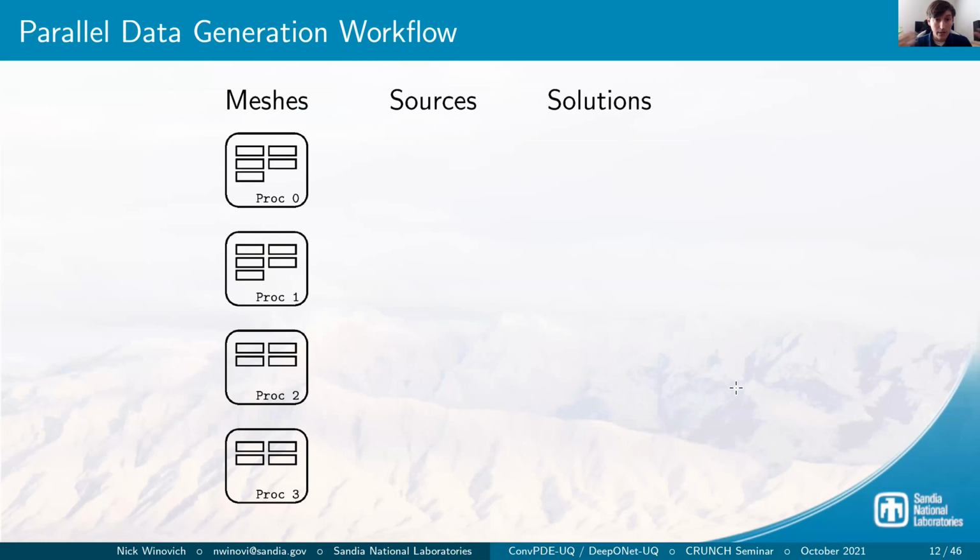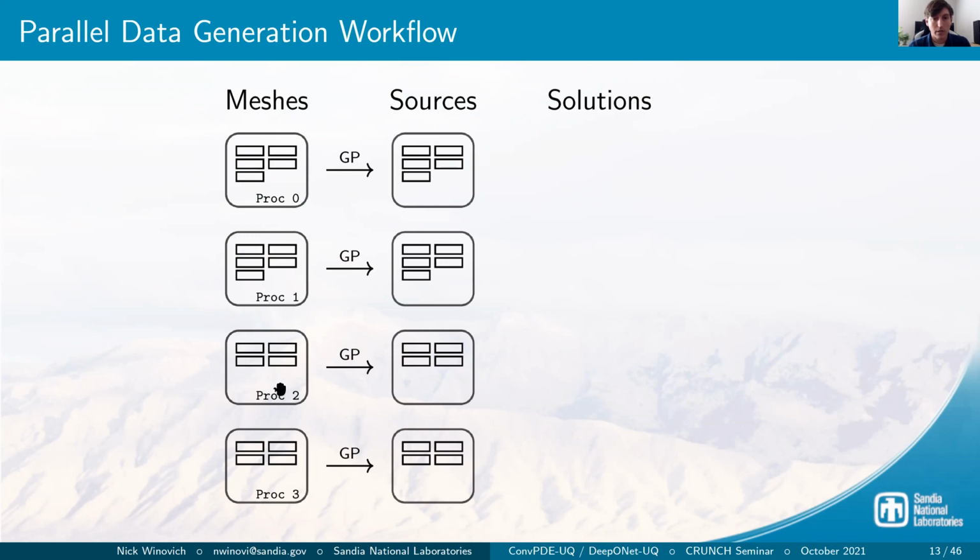But what I found the easiest to do, and this is mainly just if people are curious how to generate these data sets on more cores, in Python, it's very easy to use the multiprocessing package. And what I found works the best is to partition the IDs, or to enumerate the data examples that you want to generate, and then assign the processors batches of those IDs and generate the meshes first, so you can randomize the meshes.